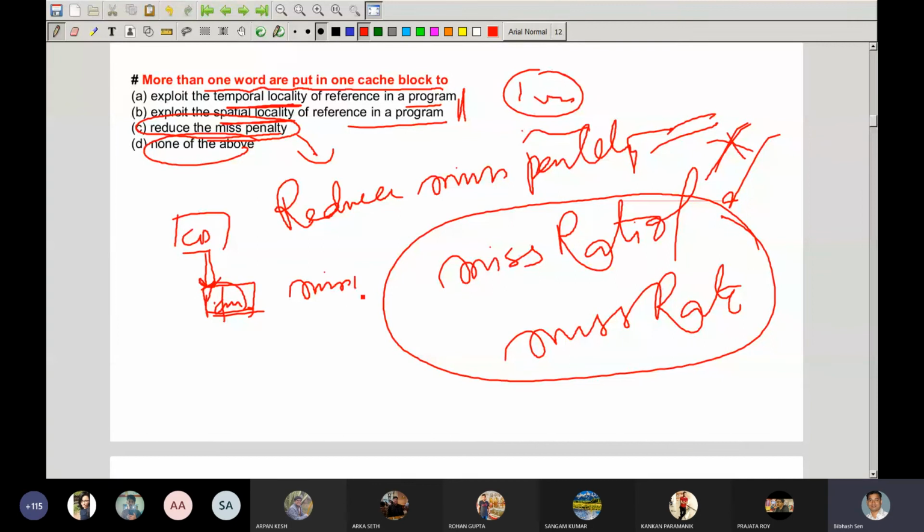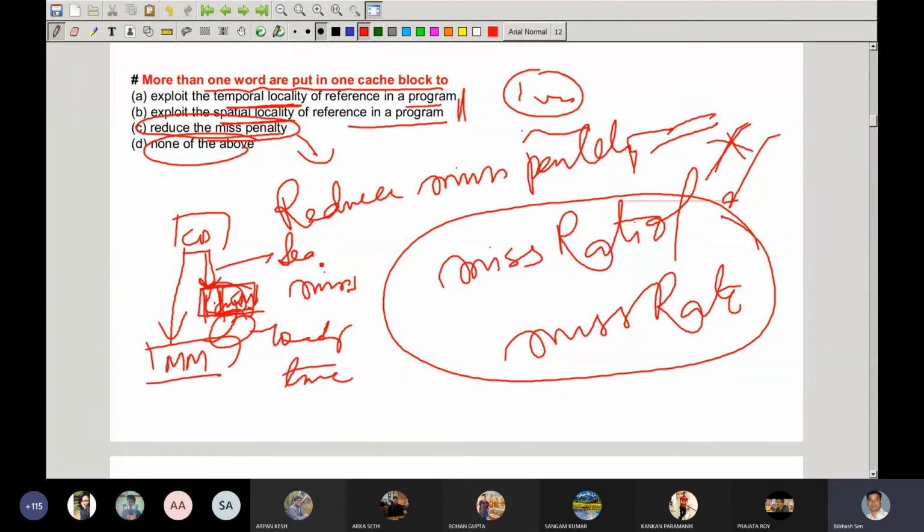It will then go to the main memory. The CPU accesses the main memory and the data is loaded into the cache memory. So there is a loading time, and there is also a search time in the cache.